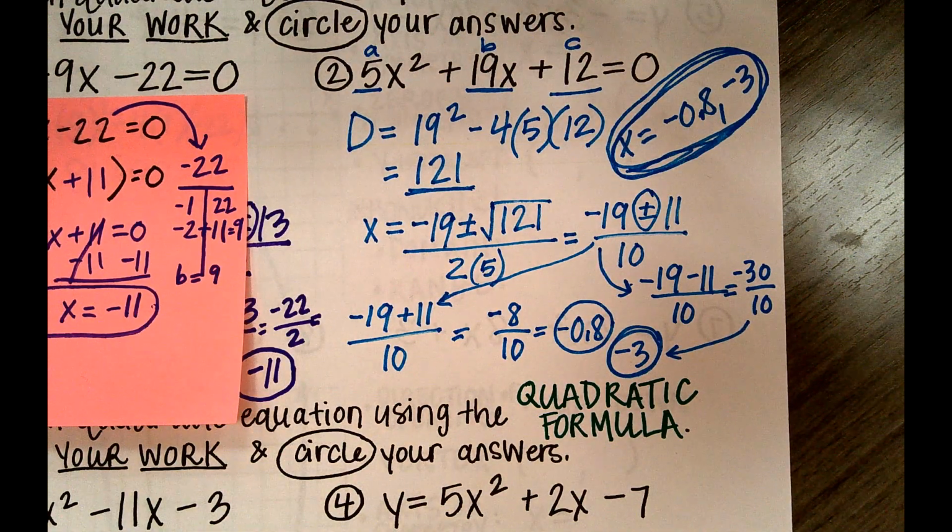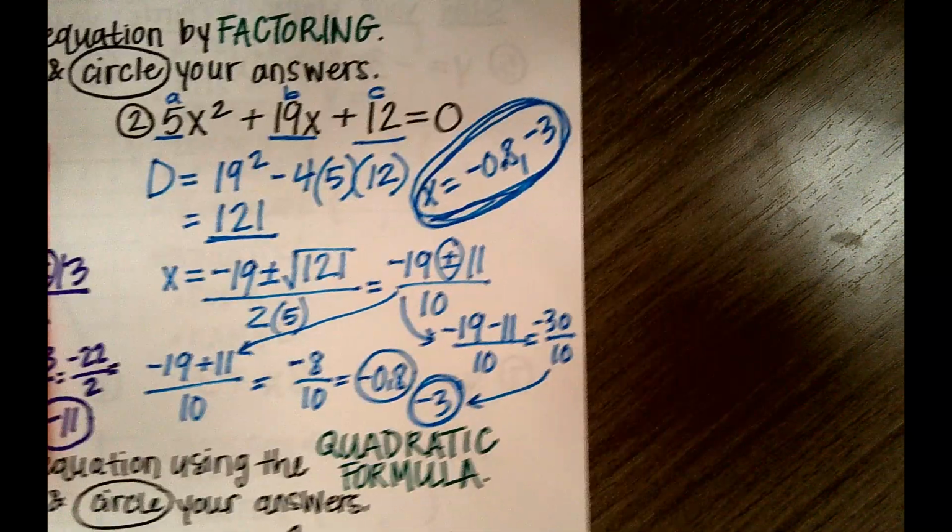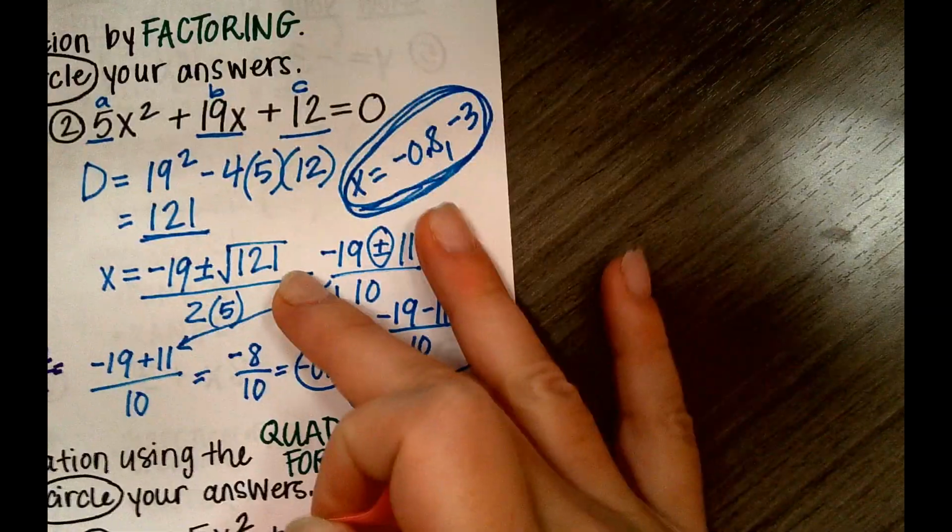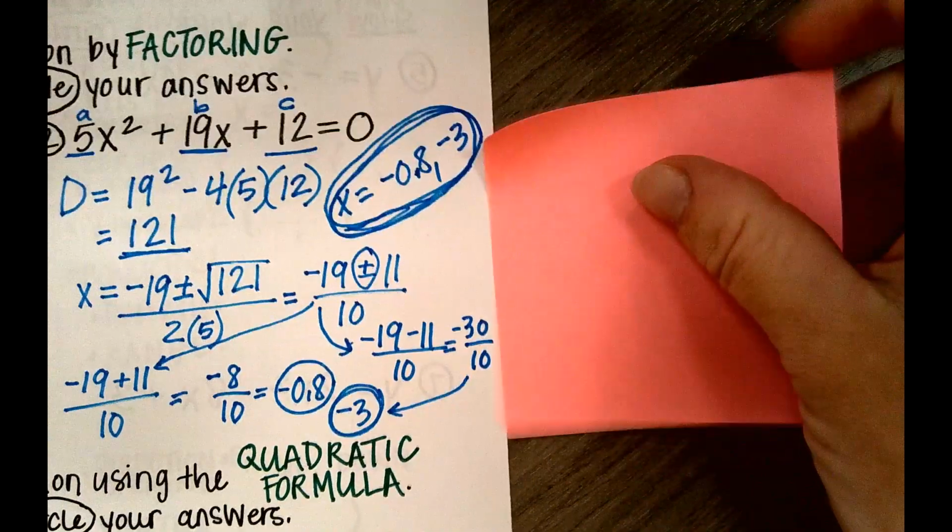Any questions on number 2? Would you like to see how to factor number 2? Because this one's a little tougher to factor. Could be interesting to see. I'll just show it just for fun. Okay, so I'm going to move this over and show you how you would factor this.